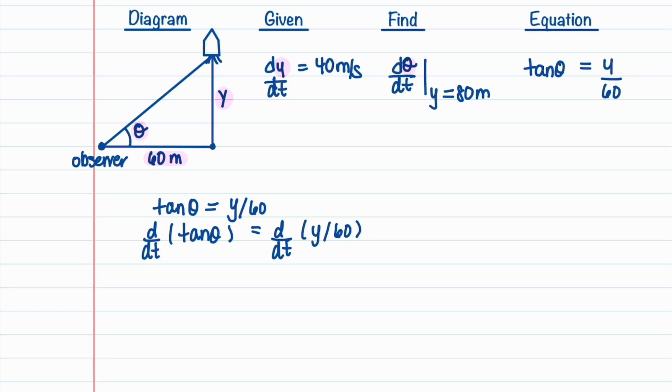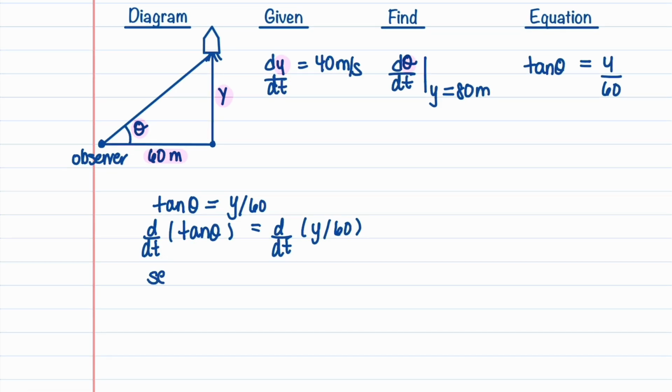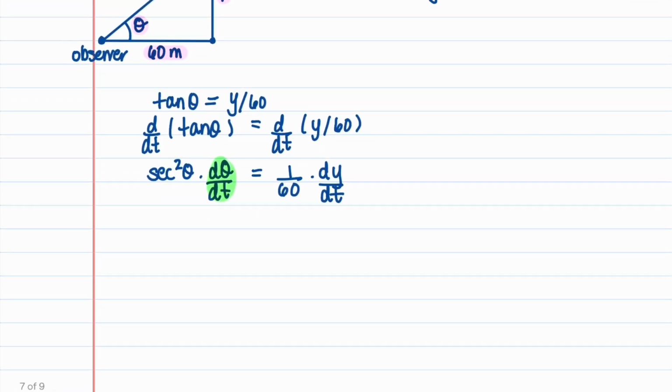The derivative of tangent is secant squared theta times d theta/dt, because it's a function of time. And then we have a 1 over 60 that we can pull out on the right-hand side, and then we have a dy/dt. We want to find d theta/dt. So let's go ahead and solve for that.